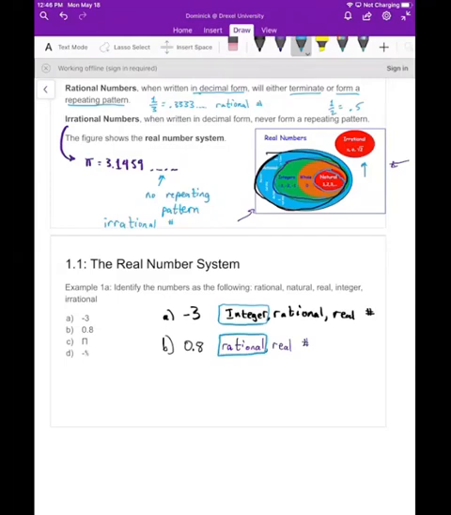Now part C, I don't know why that printed like that, but I wanted to look at pi. And of course, this is what we've talked about already a little bit before, but pi is usually the most common example of an irrational number. And of course, it's also a real number.